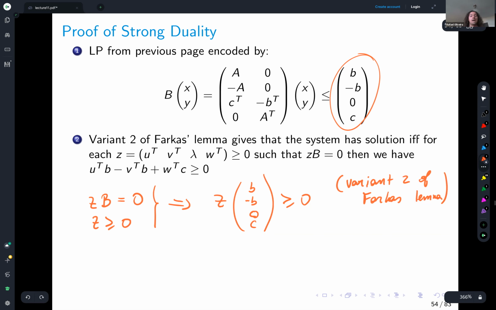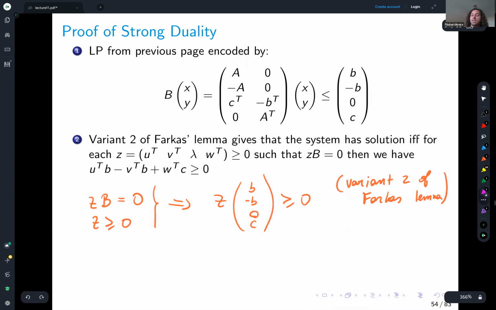Okay, but now I'm just unpacking. You say, why are you writing Z in such a weird way? Well, I'm just breaking up Z into its blocks that multiply properly by B, so ZB equals 0. Then what is this product here?